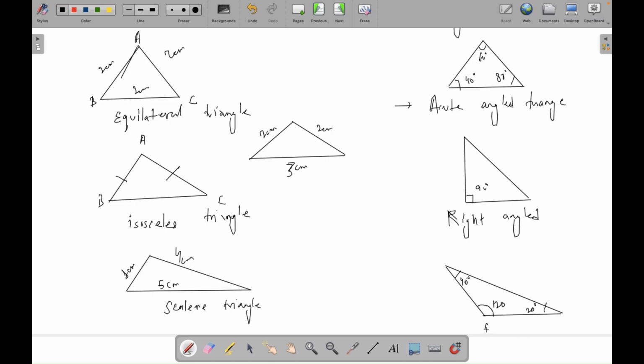This becomes an obtuse angled triangle. So again, in an acute angled triangle, all the angles must be acute, or less than 90 degrees. A right angled triangle means at least one of the angles is 90 degrees, and an obtuse angled triangle means one of the angles is greater than 90 degrees. Okay.